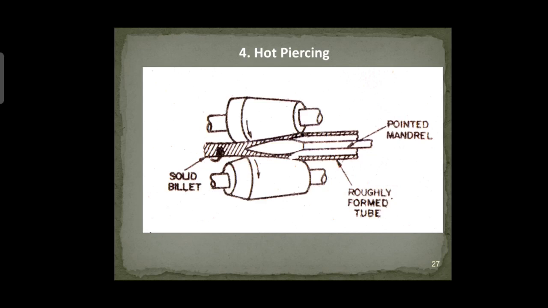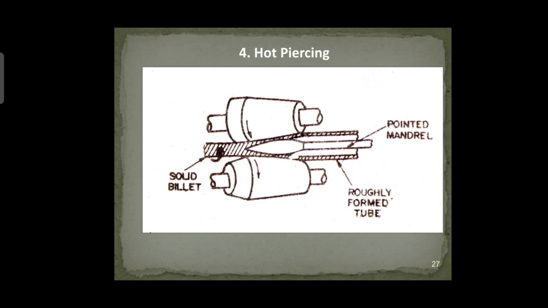So whenever it is introduced between these two rolls, the solid billet will also revolve about its own axis, and during its rotation, if you introduce the mandrel through that small hole, what happens? The formation of the tube will take place.